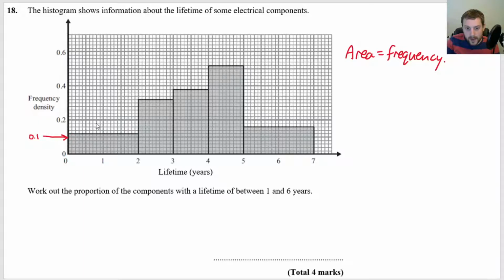This has a height, so let's just write down what the heights are. So it's like 0.02. In fact, you can also see that it must be 0.02 because there's 10 little squares and it adds up to 0.2.